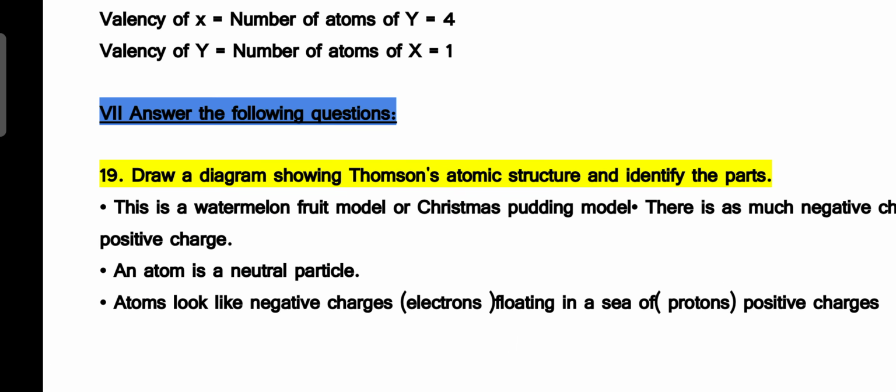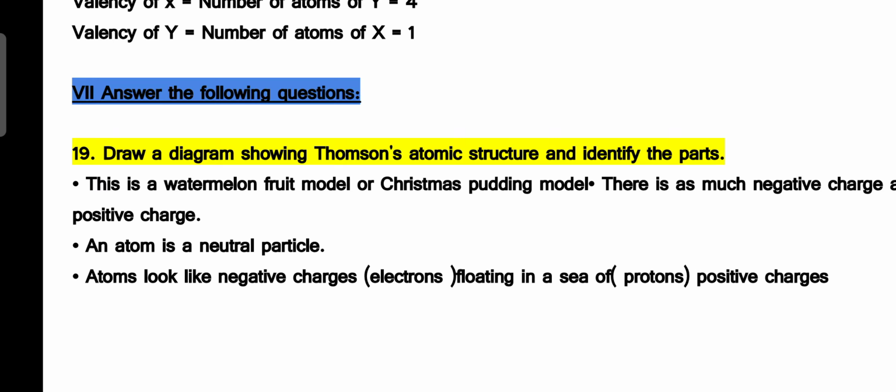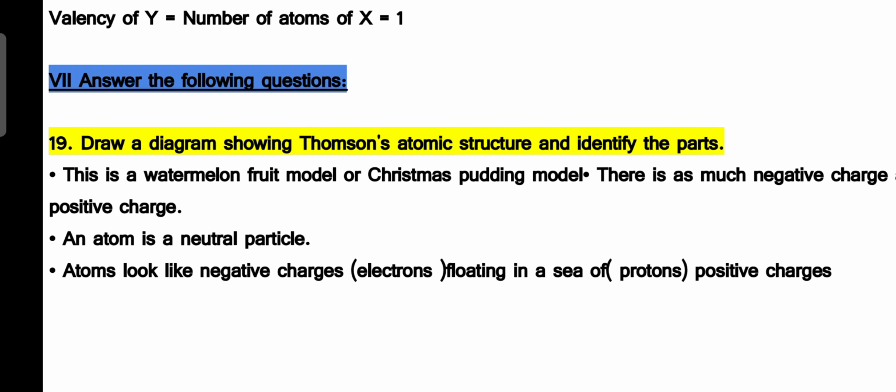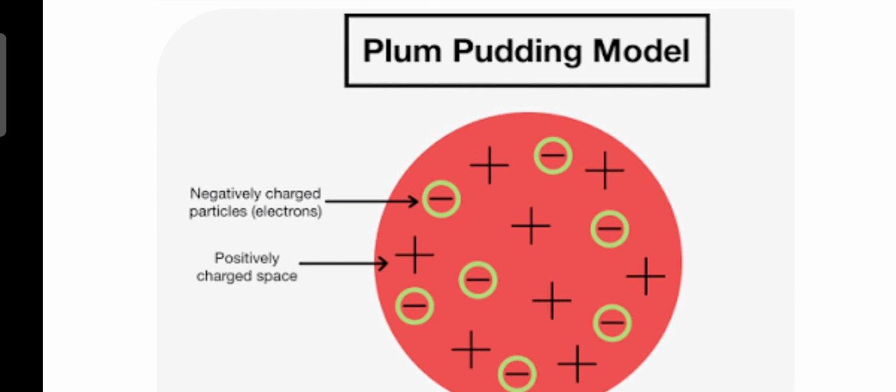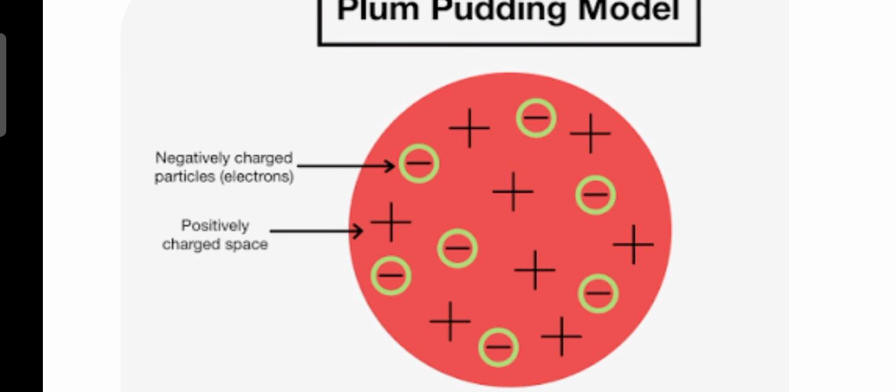The next main has some questions which carry 2 marks each. The question is, draw the diagram showing Thomson's atomic structure and identify the parts. Let us take the diagram first. See, the diagram is nothing but the plum pudding model.